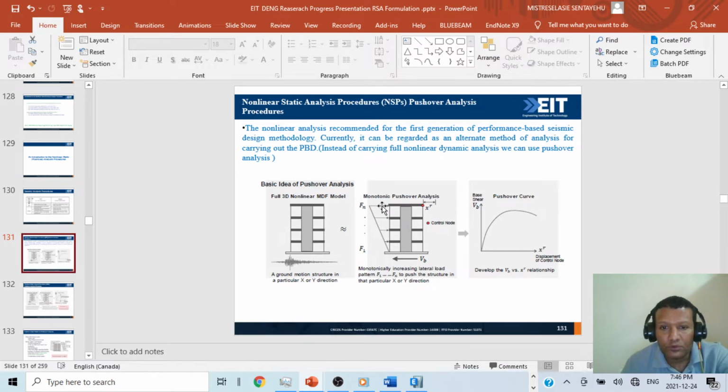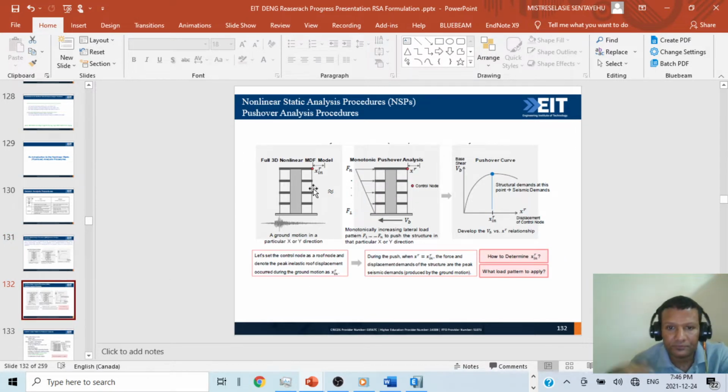Monotonic pushover analysis means only monotonic loading, but instead we can also have multi-mode. I will show you. As you can see, with a ground motion in a particular X or Y direction, we have a full 3D nonlinear multiple degree of freedom model. We can make that.